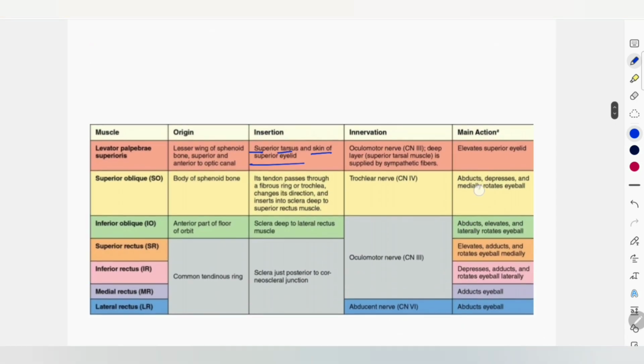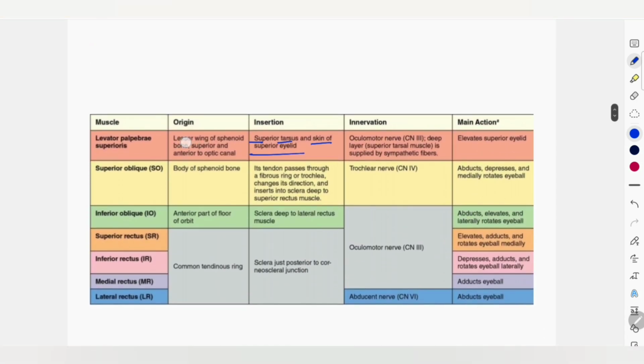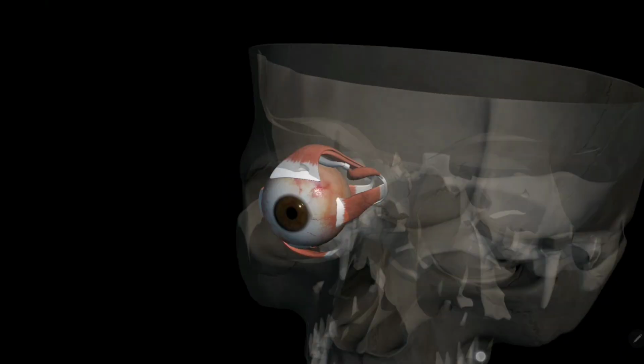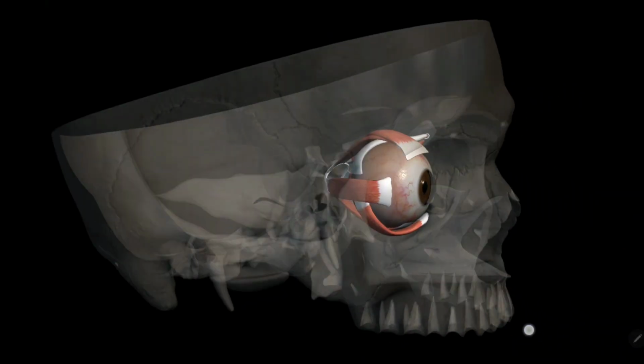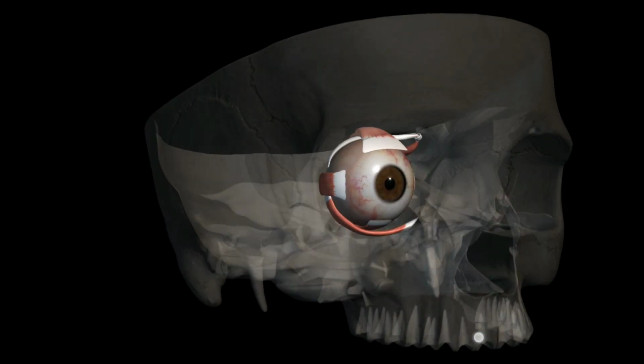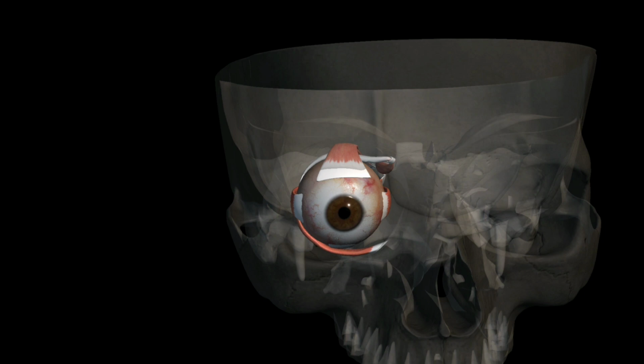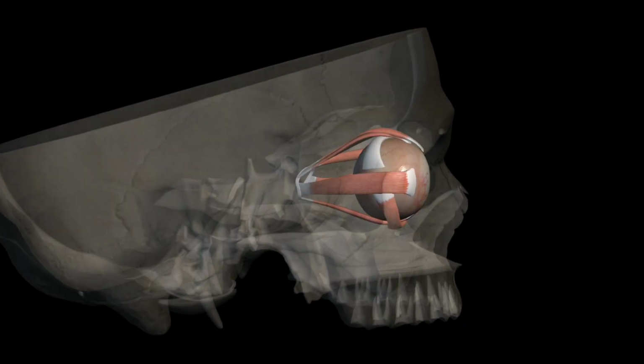So for the origin we have seen that it is from the lesser wing of sphenoid bone, and the insertion is taking place on the superior tarsus and skin of the superior eyelid. From the video also you can see where it is getting inserted and where it is originating.